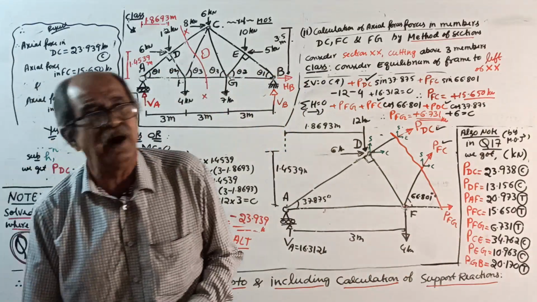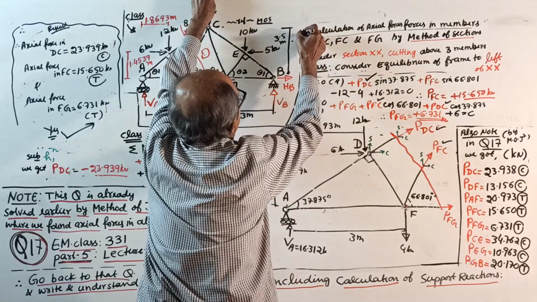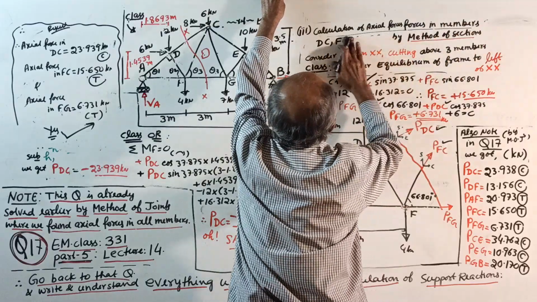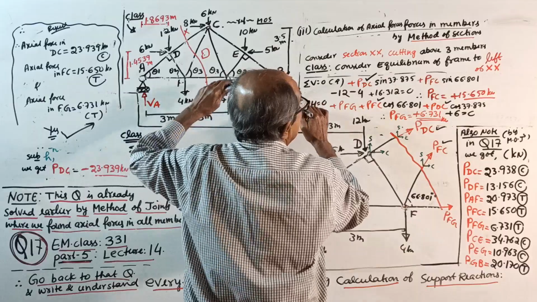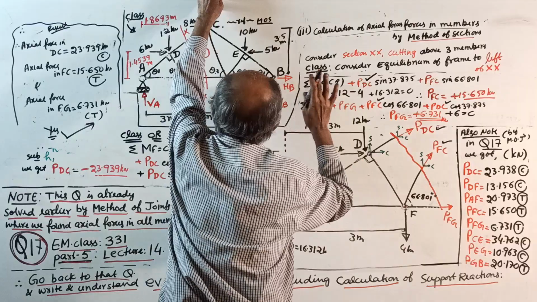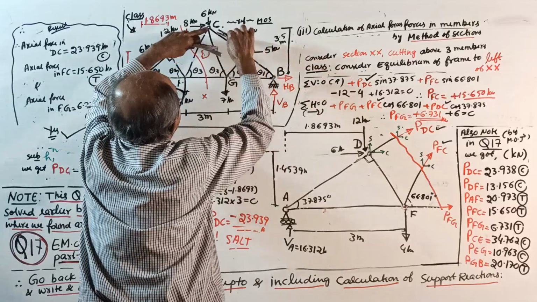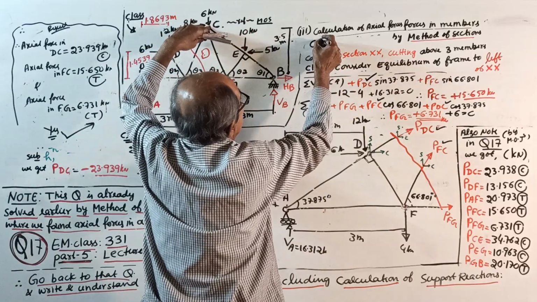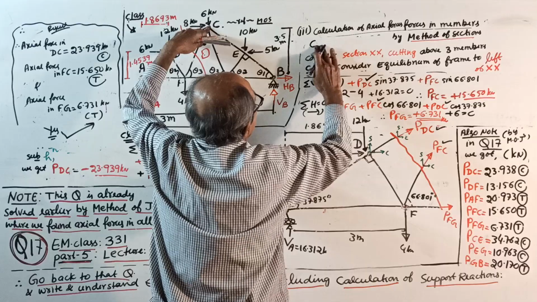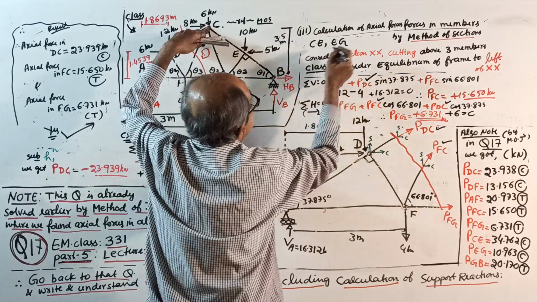Now the last part, that is 3. See, 3 over, closing part. Yeah. Calculation of axial forces in the members. Which one do they want? Oh, I remember it. I removed everything, but I still remember. I wanted these 3: CE, EG and BG.